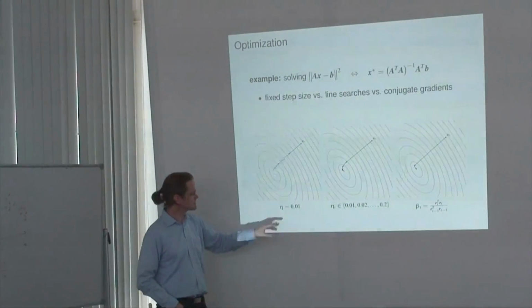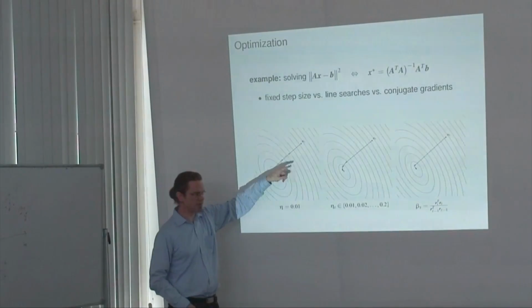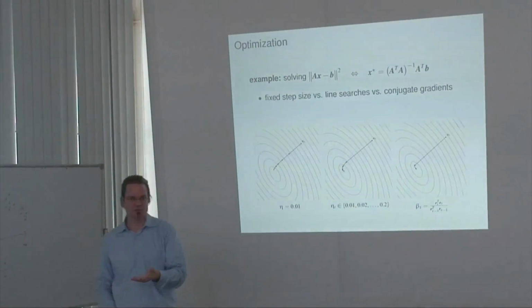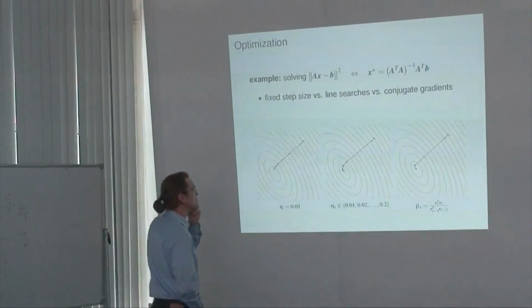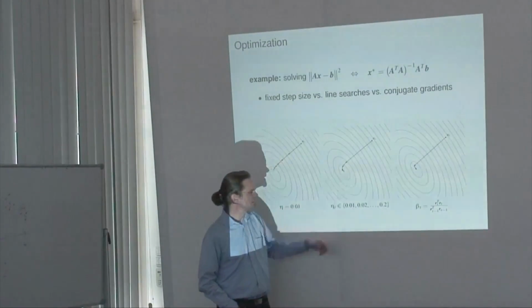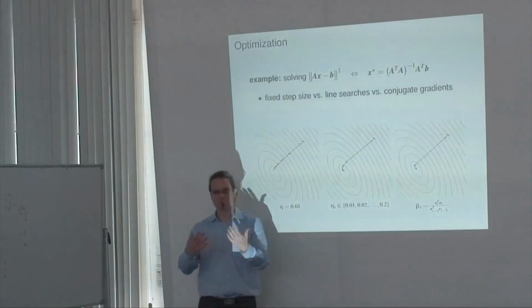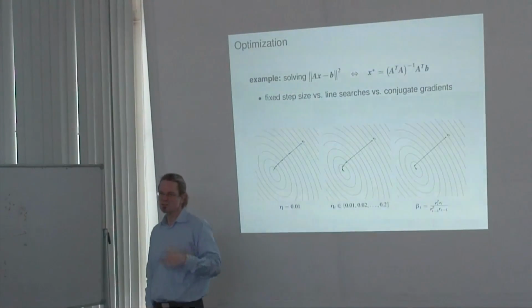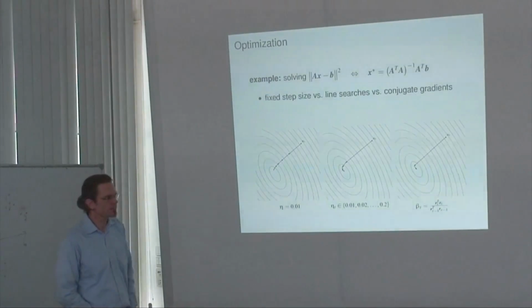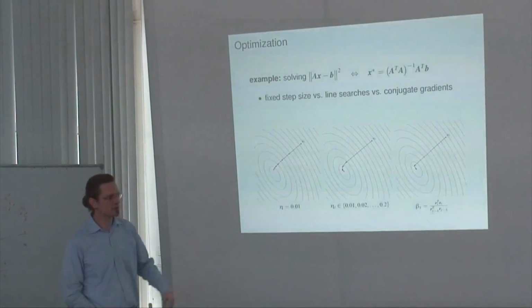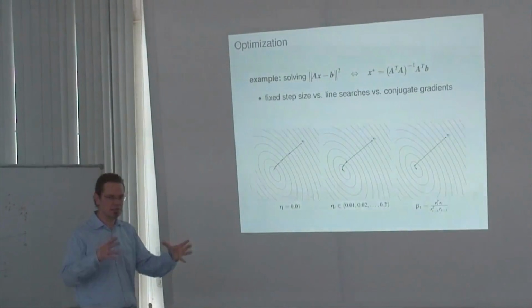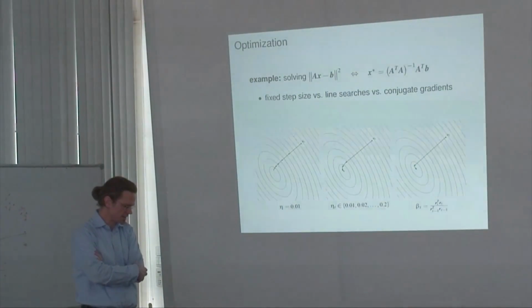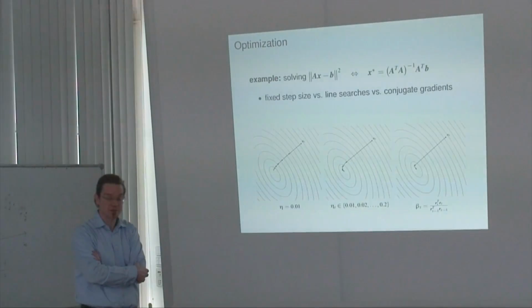So with a very small but fixed step size, we take, I don't know, 10 steps and still have not found the minimum. If we do line searches, then at the beginning there is very much progress, but the closer we come to the optimum, the more the progress slows down. Also very bad. Once again, conjugate gradients in these settings are guaranteed to find the minimum in a number of steps equal to the number of dimensions of the embedding space.